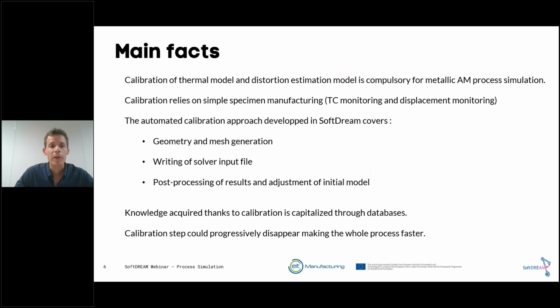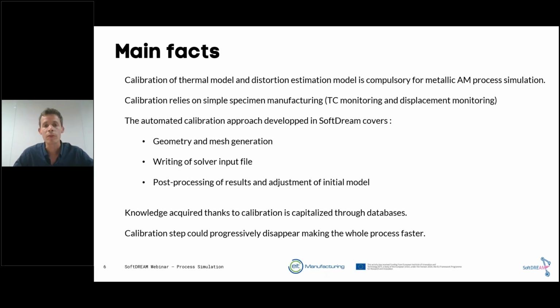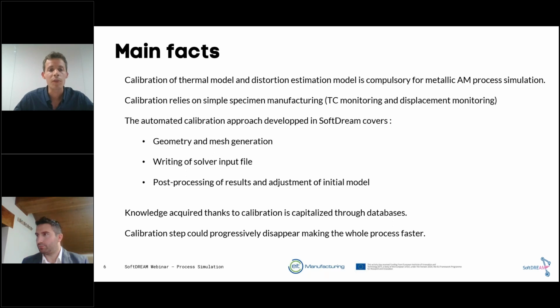So just to summarize, the calibration of both thermal and distortion model is really compulsory, both for metallic but also for polymer additive manufacturing process simulation. As I told you already, this is because most of the time models are quite simplified compared to the physics, and the lack of data is to be compensated with experimental data.